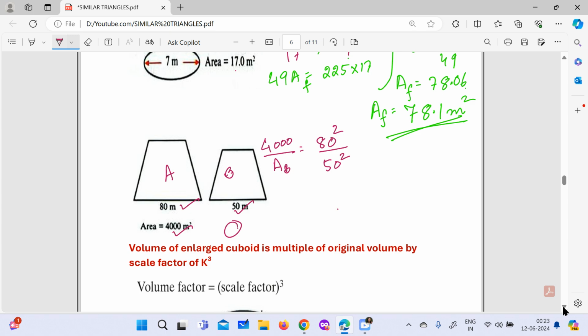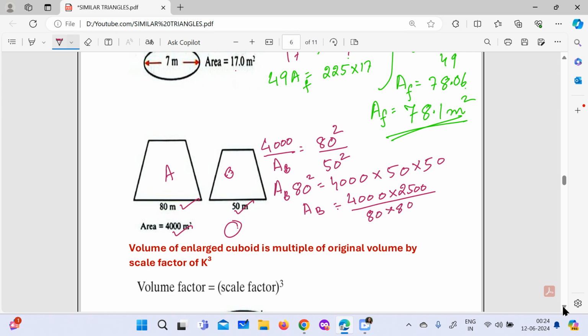When we cross multiply, area of the B shape and 80 squared is equal to 4000 times 50 into 50. Let me write this. And then area of shape B equals 4000 times 2500 over 80 squared.